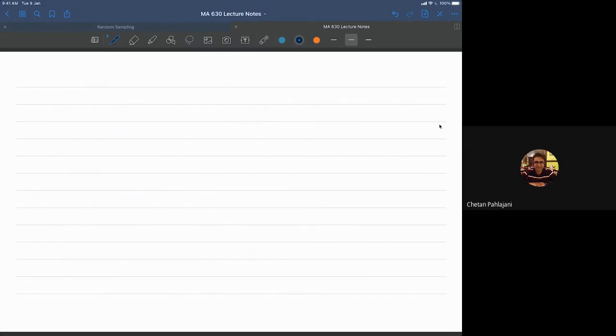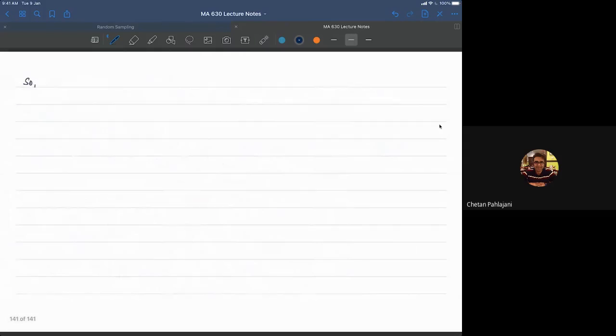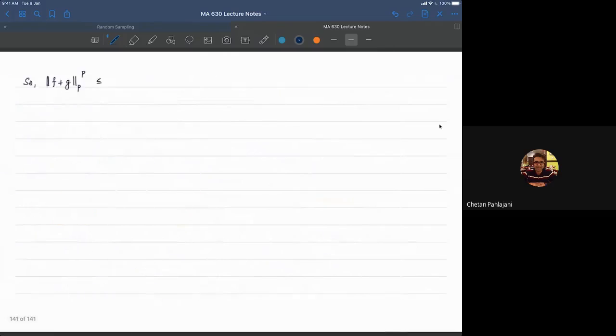So let me write down this equation star again. The p norm of f plus g to the pth power is less than or equal to the integral of absolute value of f times absolute value of f plus g to the p minus 1, plus absolute value of g times absolute value of f plus g to the p minus 1.